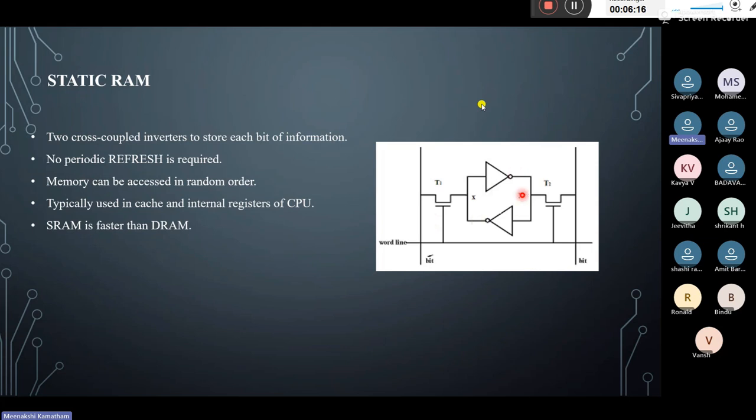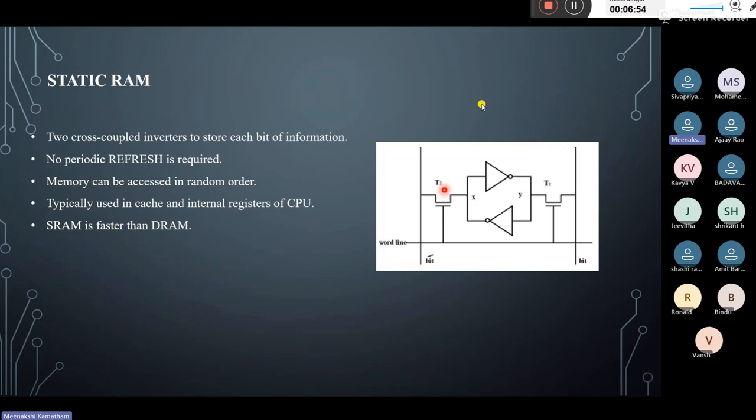These include cross-coupled inverters, which have 2 transistors each. So 2 plus 2 is 4, 4 plus 2 is 6. In total, 6 transistors are needed to build one static RAM cell and to store only one bit of information. We also have a word line and bit line, and no refresh is required in SRAM.